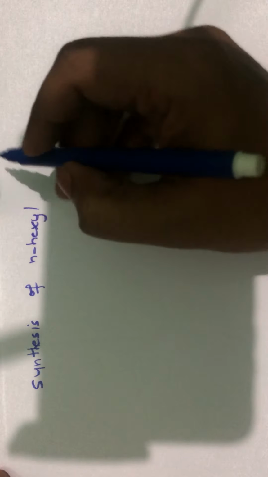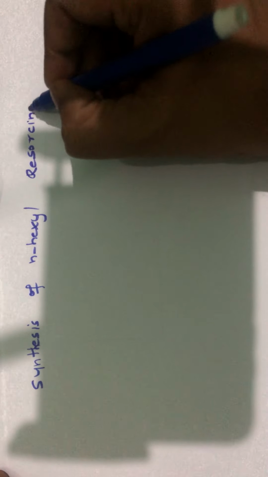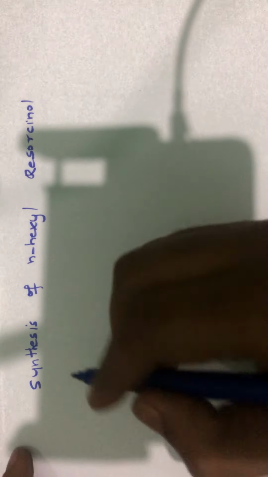N-hexyl resorcinol. N-hexyl resorcinol can be prepared by Fries rearrangement using resorcinol and N-hexanoyl chloride. Okay, hope you know what a Fries rearrangement is, that we had discussed in our last session only.